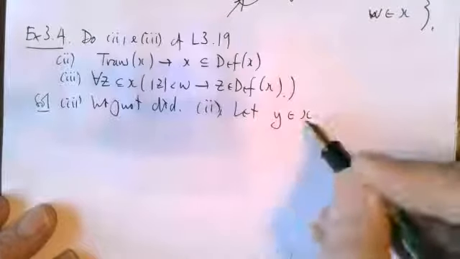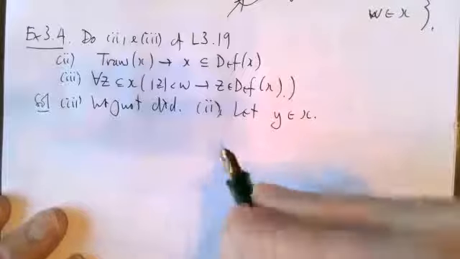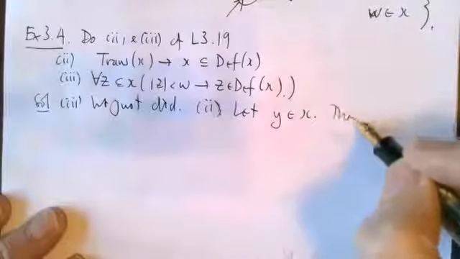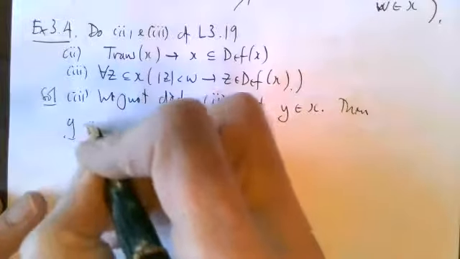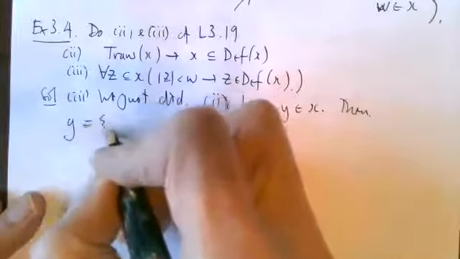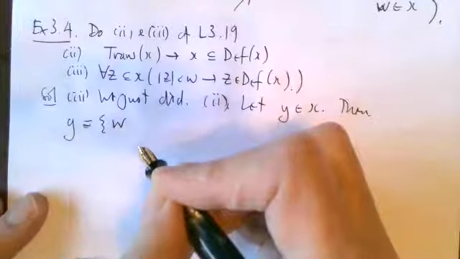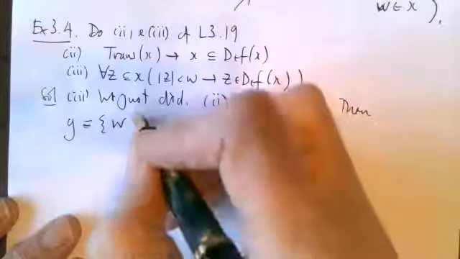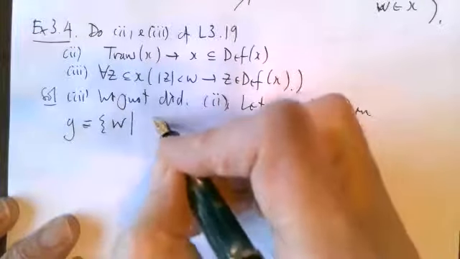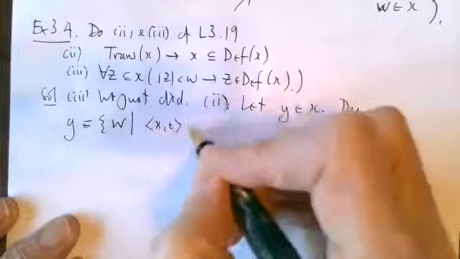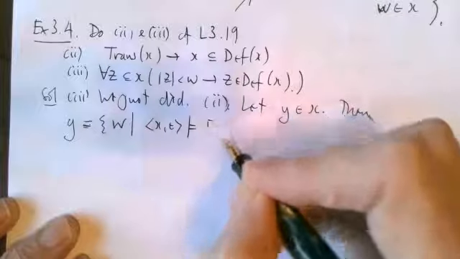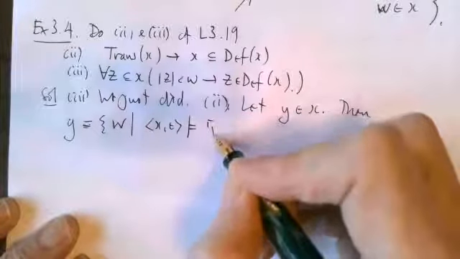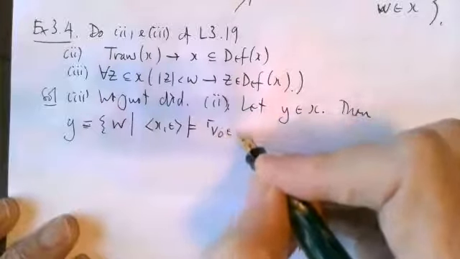So I pick an object Y in X and I want it to be definable. Well, what is Y? It's the set of its elements. It's the set of W such that X epsilon thinks V0 is in V1.